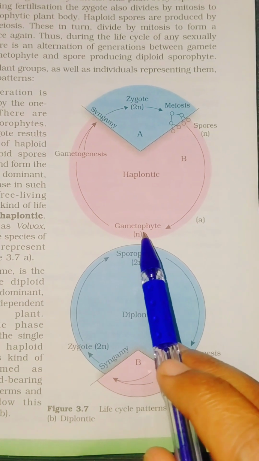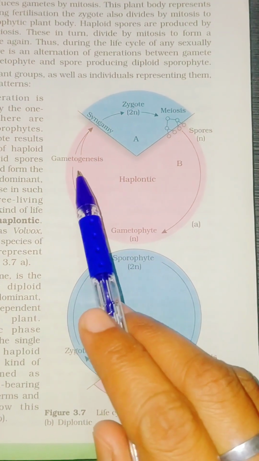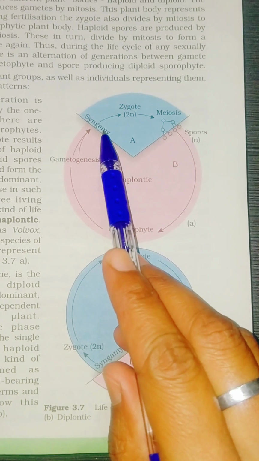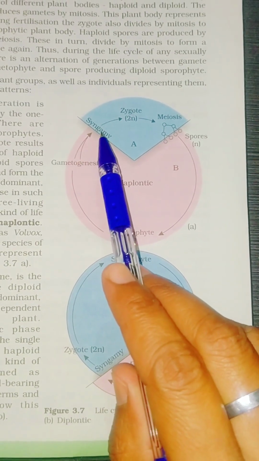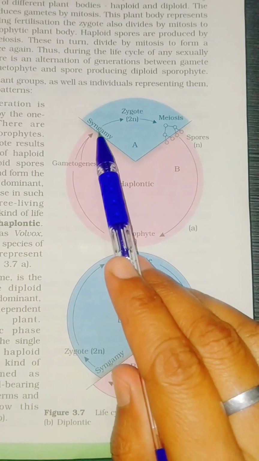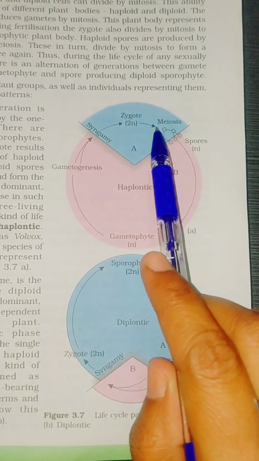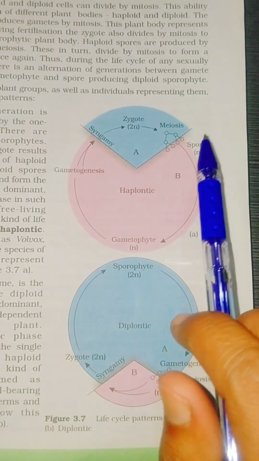So here we can see that in gametophytic plant body there will be gametogenesis, and after the formation of gametes there will be syngamy. What is syngamy? Fusion of two gamete cells or two gametes is called syngamy, and after syngamy there will be the production of zygote, and in this zygote there will be meiosis, and there will be the formation of spores.